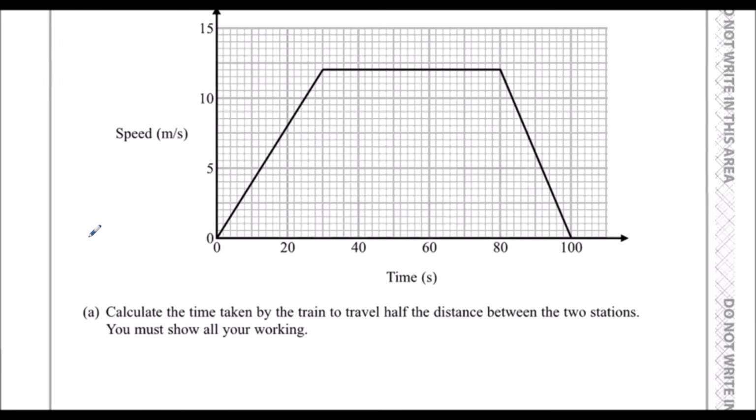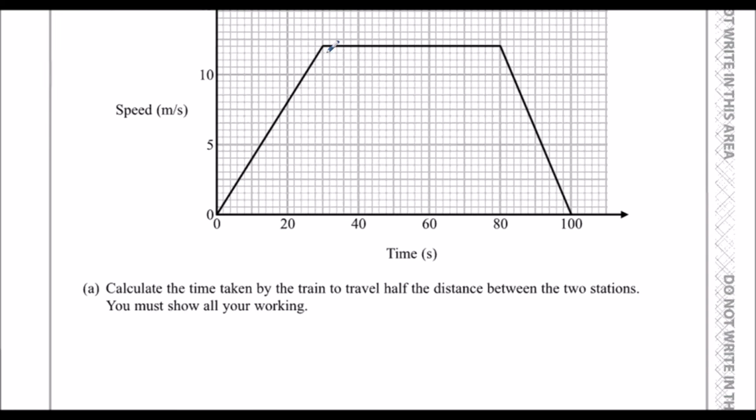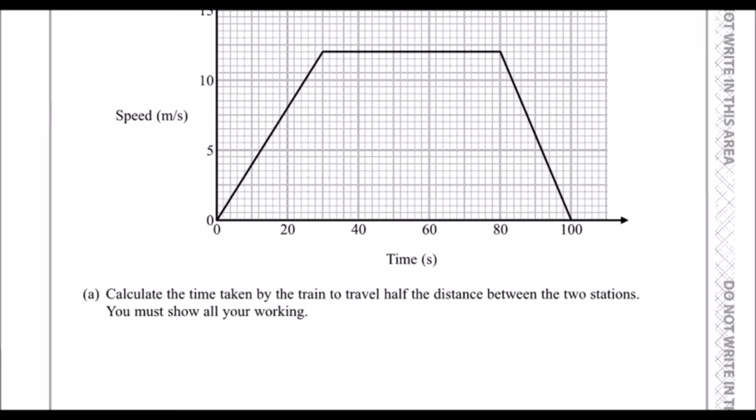So the distance traveled on a speed time graph is the area under the graph. So we can work out the total distance by working out the area under the graph. We could either split it into 2 triangles and a rectangle, or we could work out the area of a trapezium.